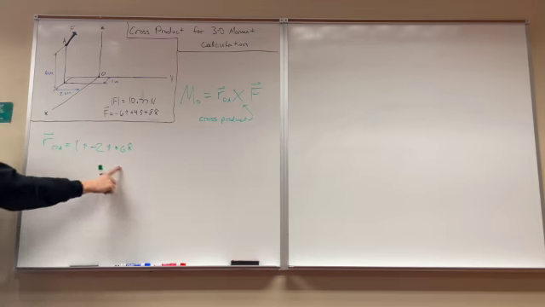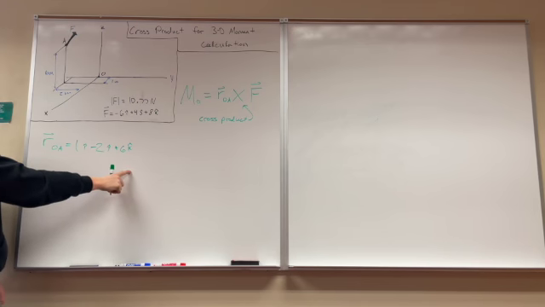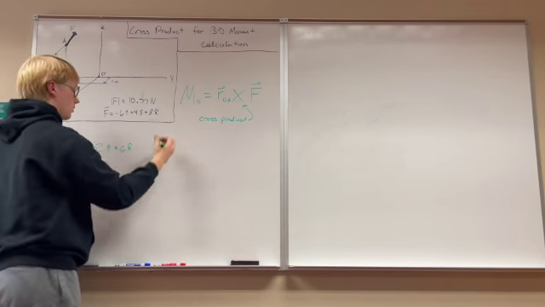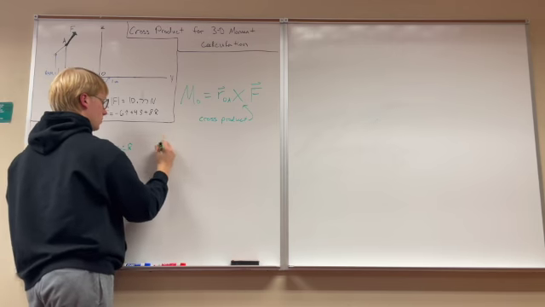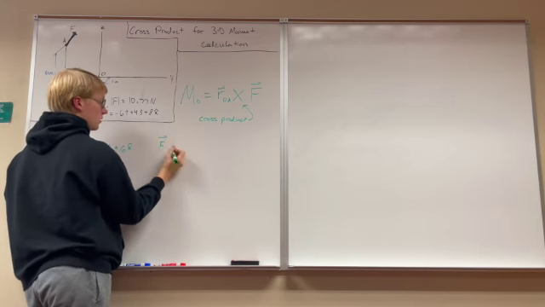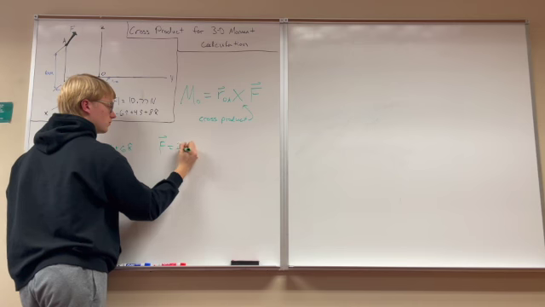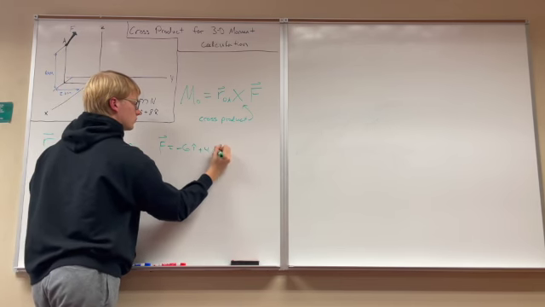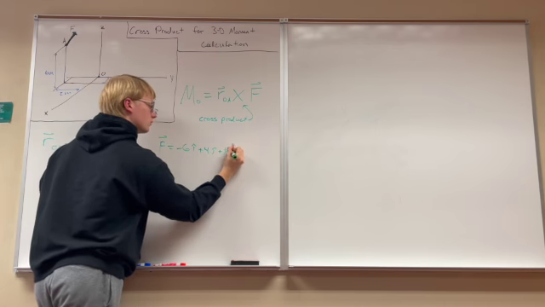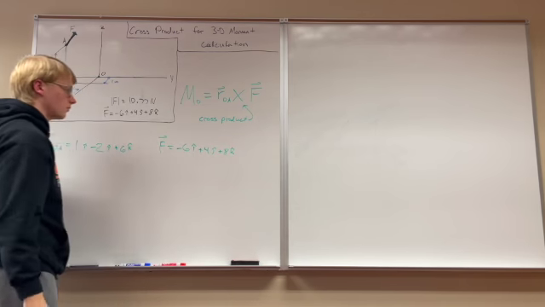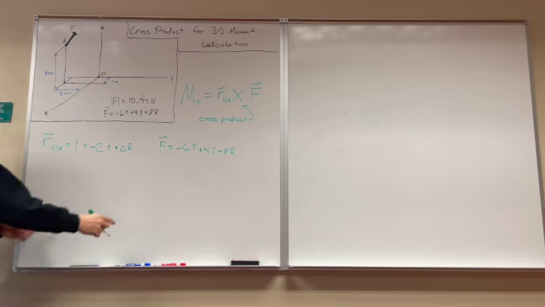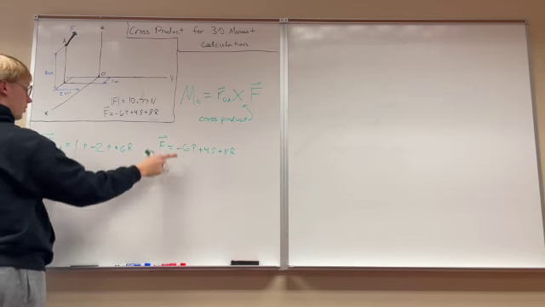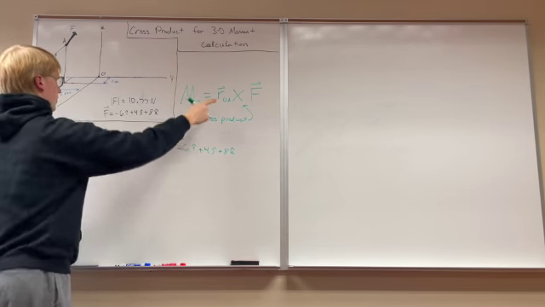All right, so that's our r_OA, and our F in vector notation is given to us right here. And so to calculate the moment, we're going to take both of those and find the cross product of them.